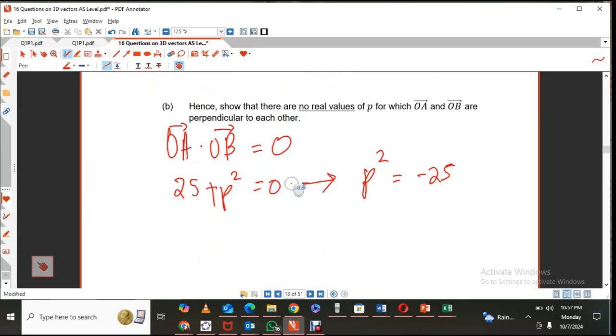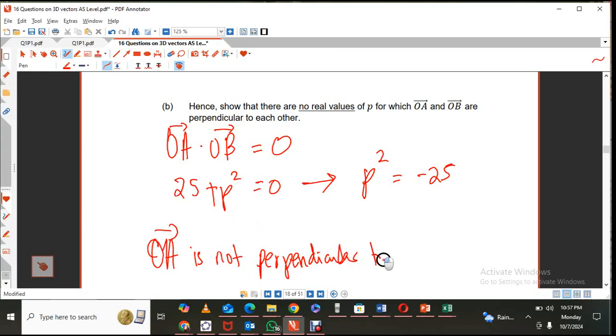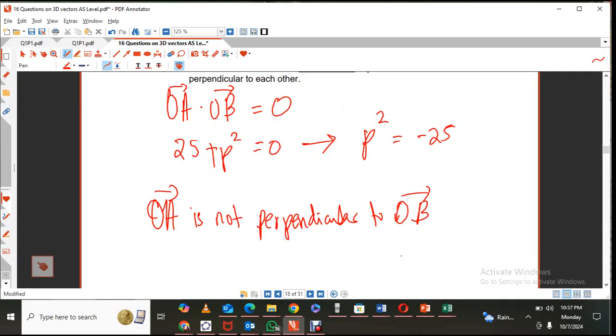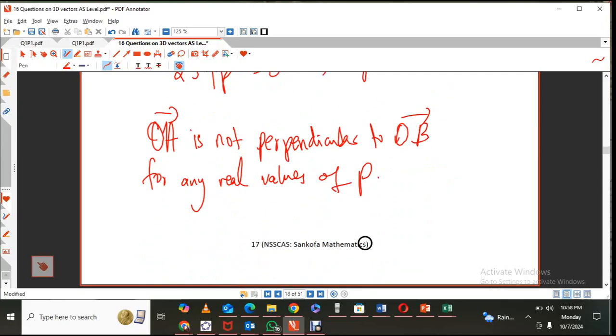You can now go ahead and conclude that vector OA is not perpendicular to vector OB for any real value of p. All right, so please excuse my handwriting, but you get the idea.